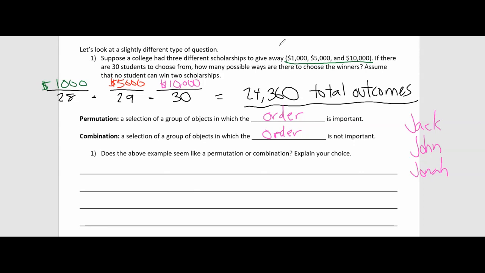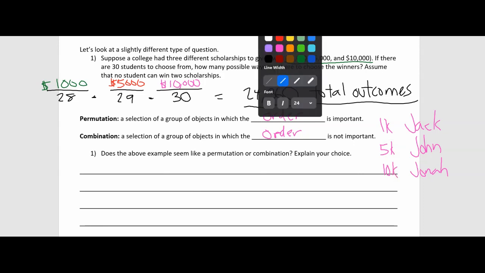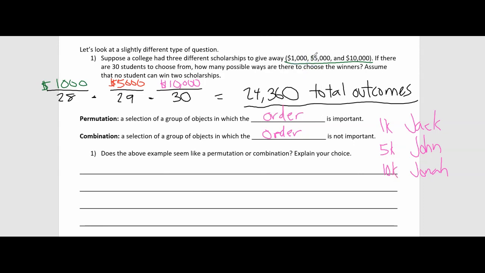In a permutation, we would say yes, there are multiple ways to rearrange them, right? I could have Jack winning 1K, that stands for 1,000, John winning 5K, Jonah winning 10K. But then for the same three people, I could have Jack winning 5K, I could have John winning 1K, and I could keep Jonah winning 10K.